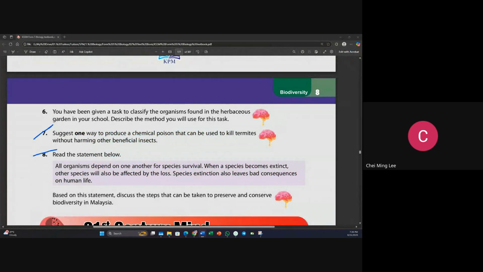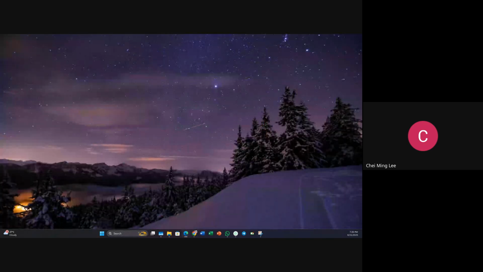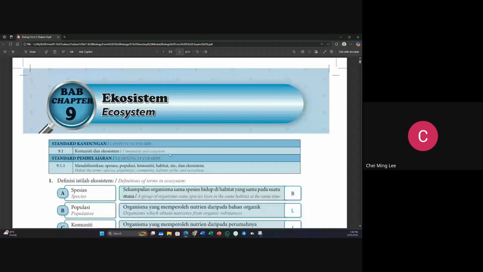So let's continue with the next chapter, which is chapter 9, Ecosystem.